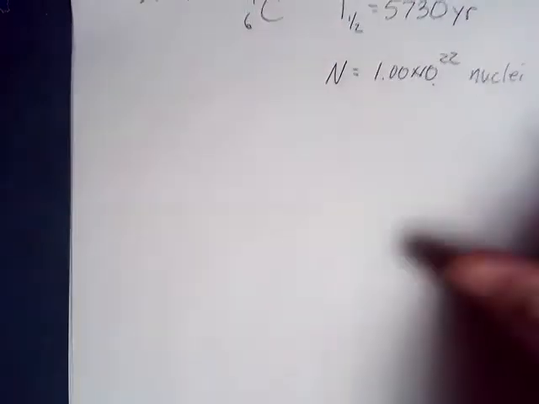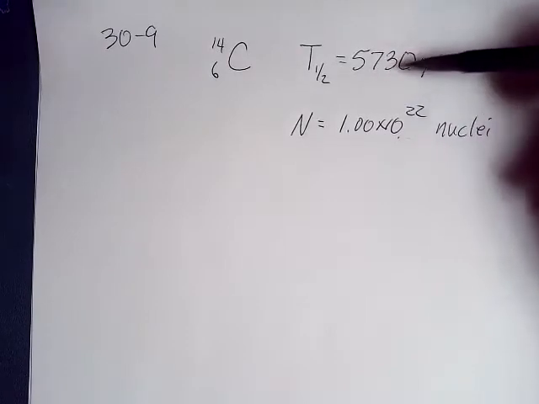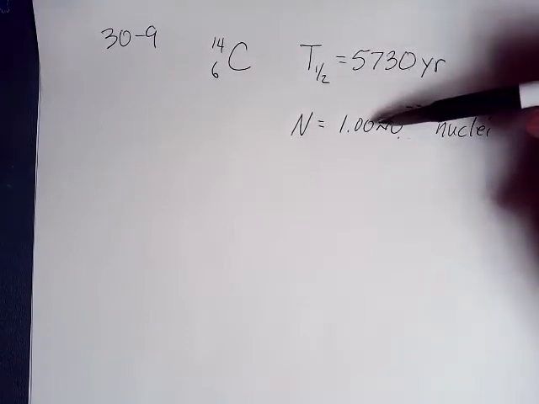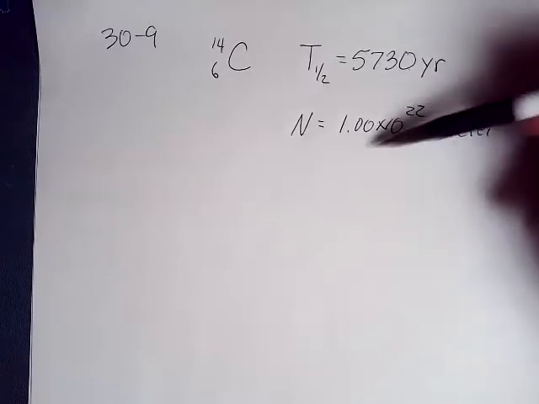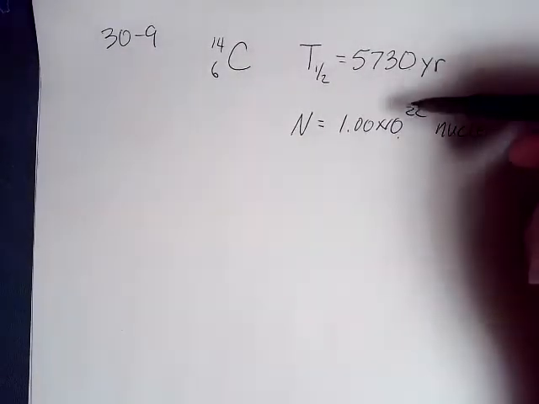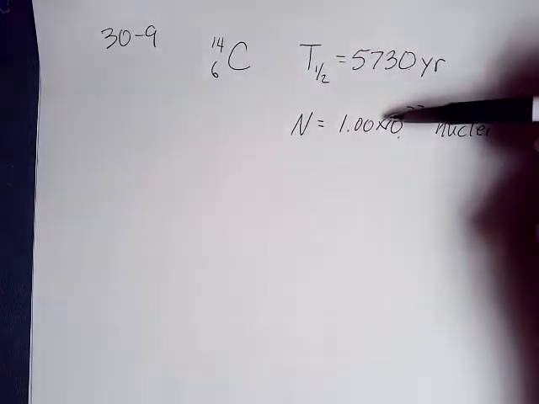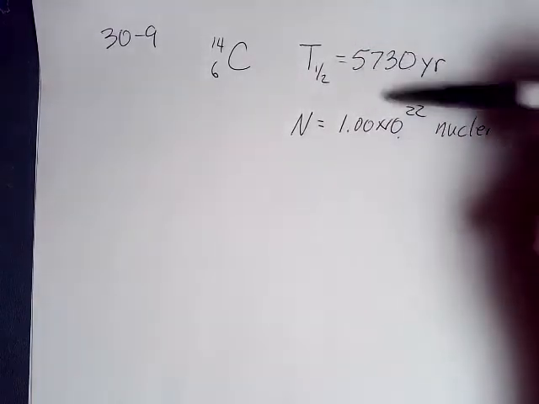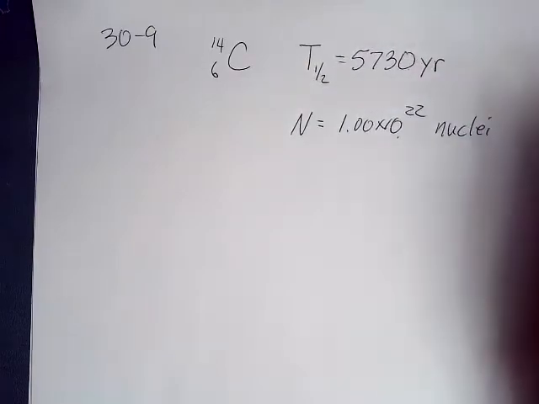So I can just make that statement that if I create this sample now, in 5,730 years, I'll have 5 times 10 to the 21st, half of this, right? Nuclei. But we want to talk about this sample now, meaning some nuclei are decaying immediately, just at a rate that will reach half the sample at that time.